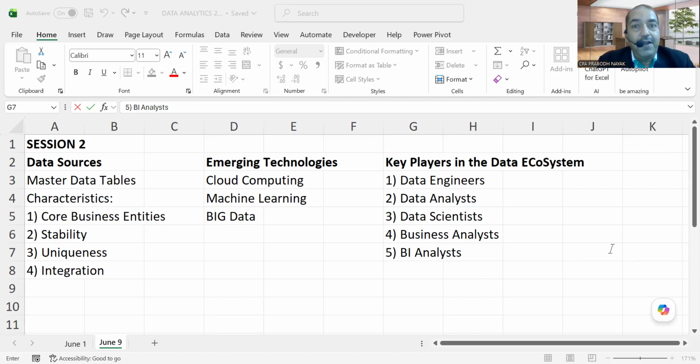Because a person sitting as a director on the board of directors may not have knowledge of data analytics. He may be a production engineer, or a finance specialist, an MBA in finance. He does not actually understand what these numbers mean. So you have to explain to him in simple language what those figures depict, what they mean for the business, so they can take decisions.